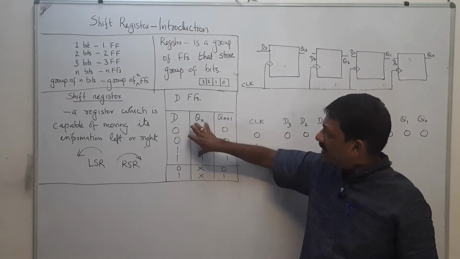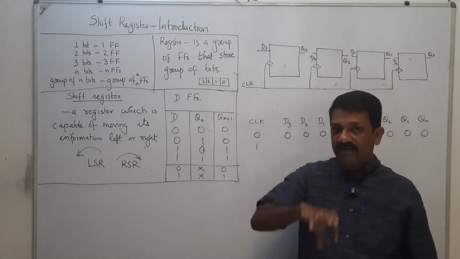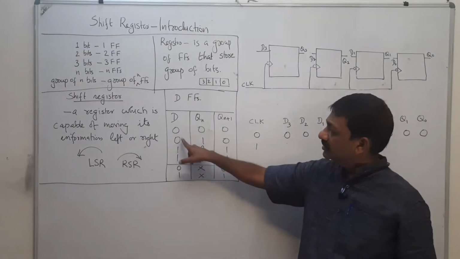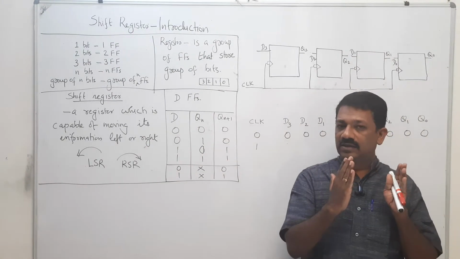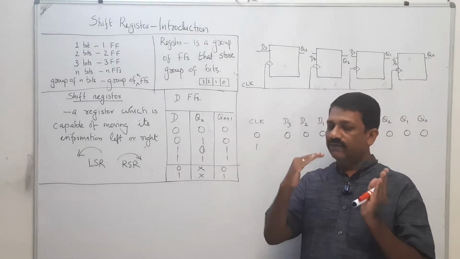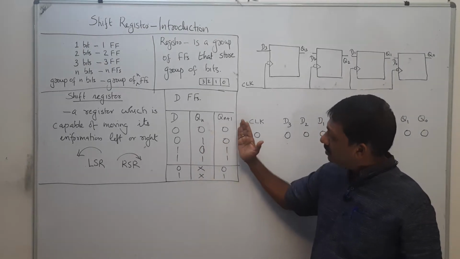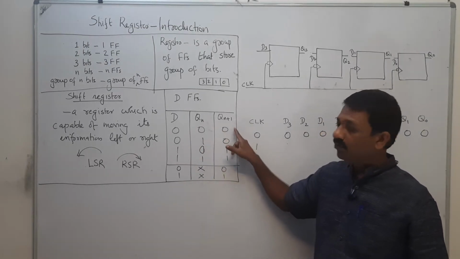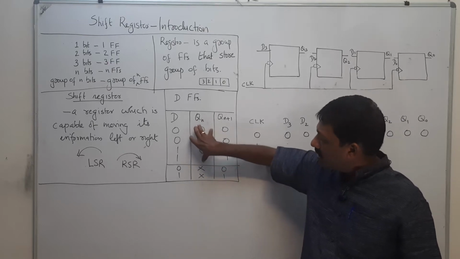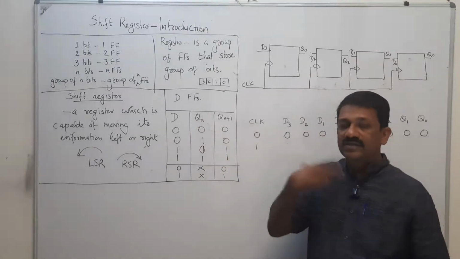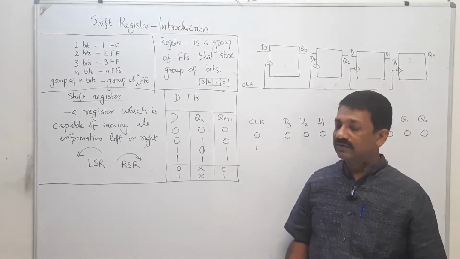And whatever the value of the previous output, if the current D is 0, the next output value of the flip flop will be 0, regardless of the previous output.